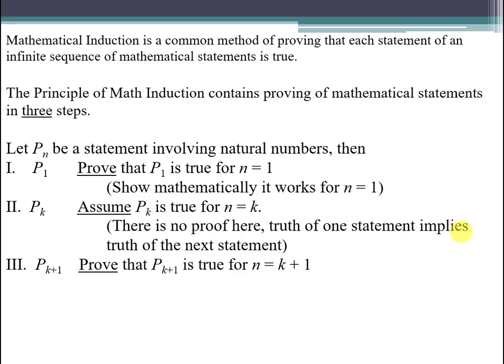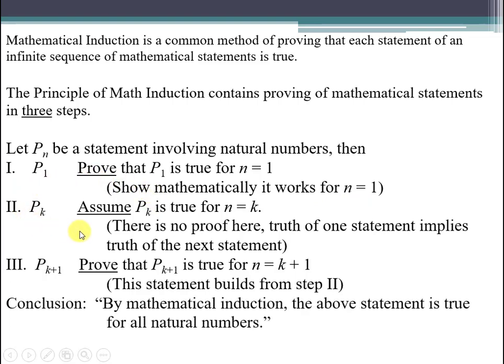And the third step is to prove that P(k+1) is true for n equal to k+1. This statement builds from step 2. And the conclusion: by mathematical induction, the above statement is true for all natural numbers.